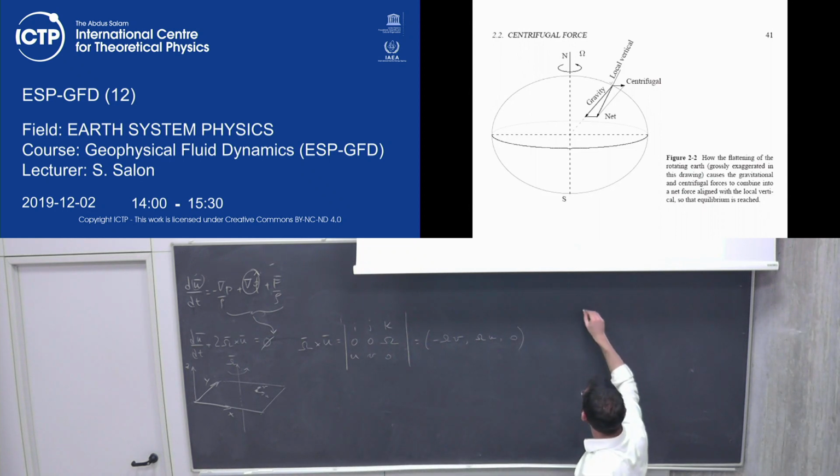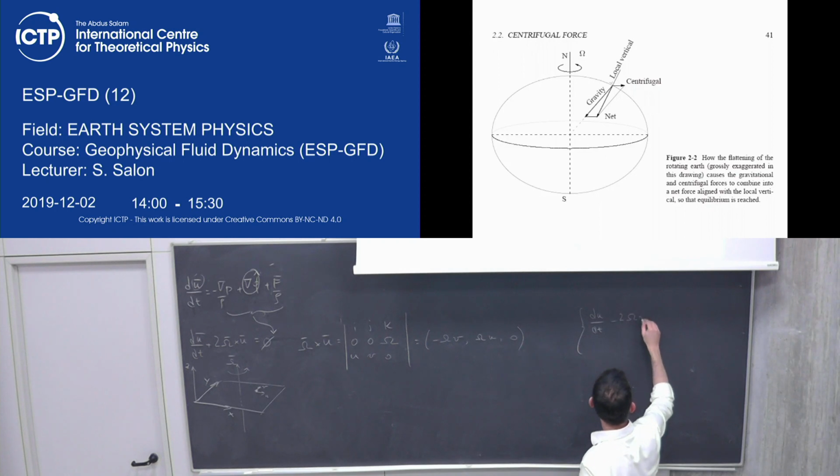So I will have du dt minus 2 omega v equal to 0, and dv dt plus 2 omega u equal to 0.